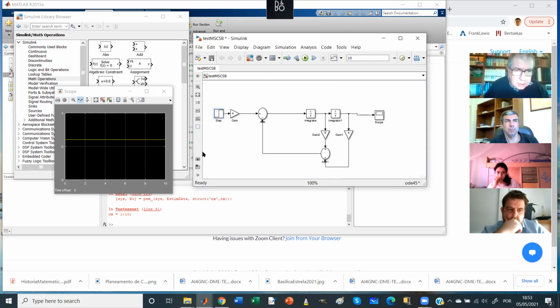Why is this starting at 1? Let's disconnect this stuff here and put a 0.